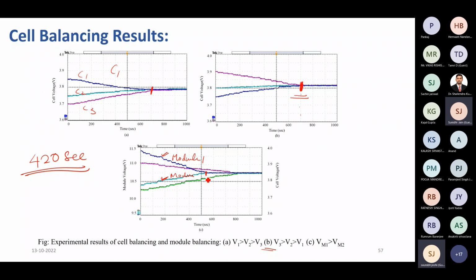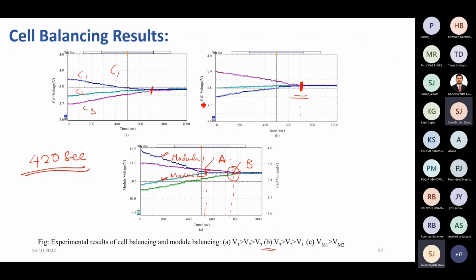In that method, in less than 600 seconds we are able to achieve the balancing. This is period A, where we are achieving the module balancing, and B is the period where we are achieving the cell balancing, which takes less than some 50 seconds almost.